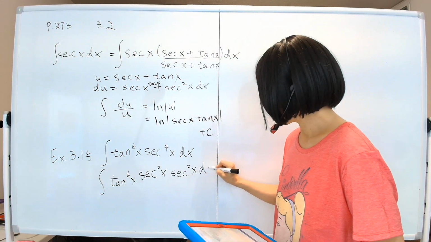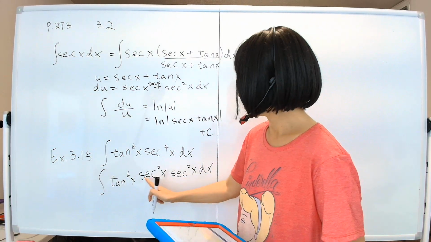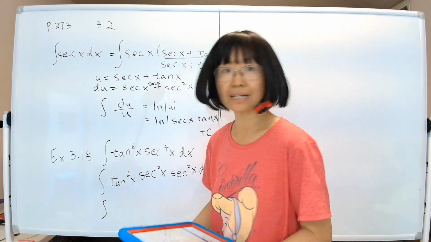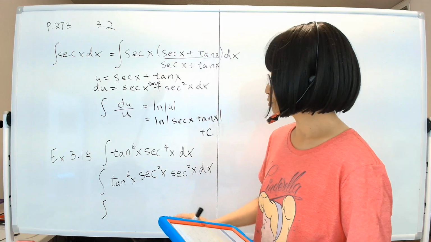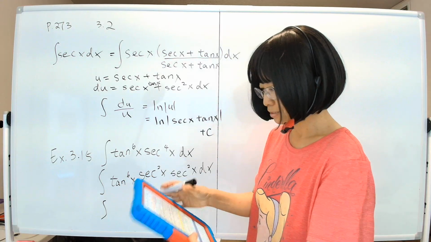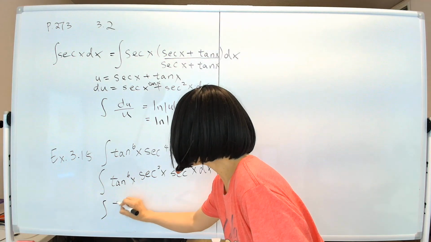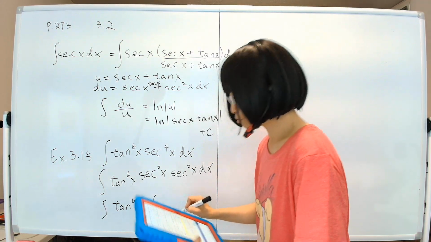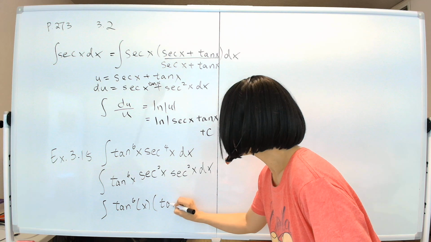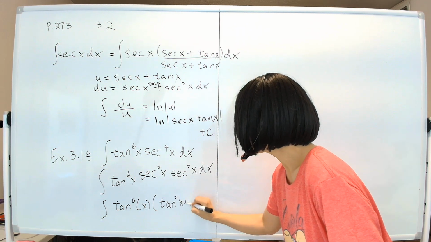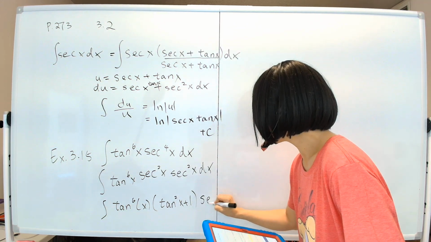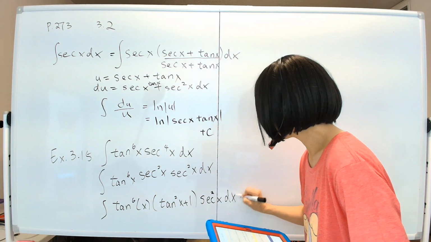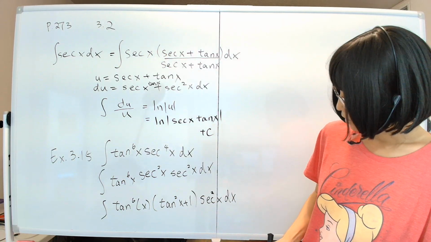We haven't made very much headway yet, but next we're going to replace the other secant squared according to the trig identity: secant squared equals tangent squared plus 1, says right here. So this is tangent^6 x times (tangent squared x plus 1), times secant squared x dx.